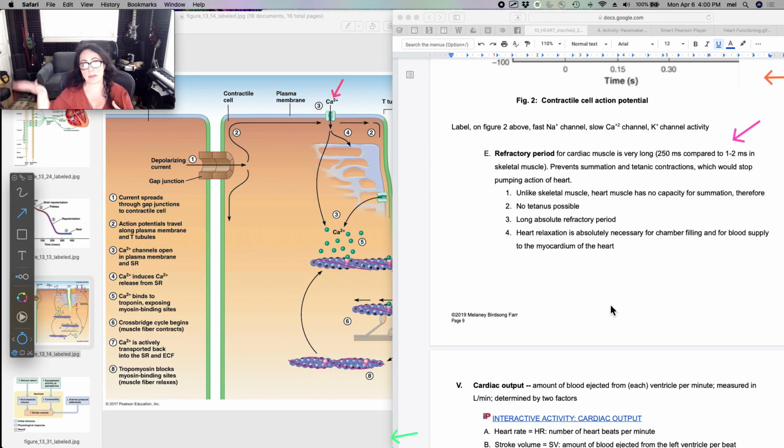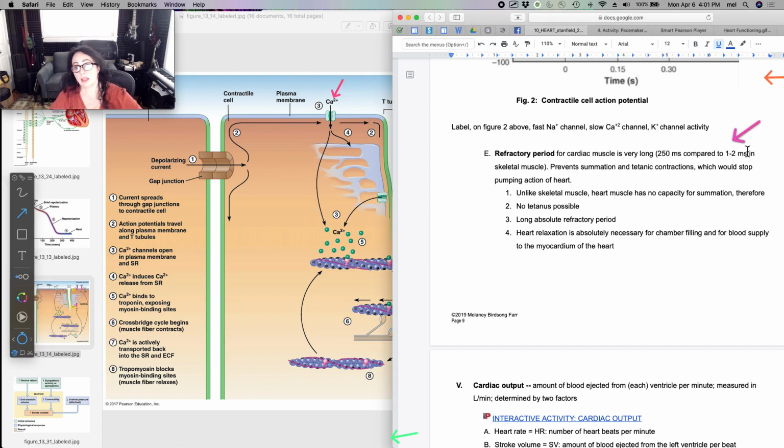This prevents summation and tetanic contractions. If you can't add graded potentials because you're still in the refractory period and your voltage-gated channels have not reset, then you can't get summation and tetany. Summation and tetany would stop the pumping action of the heart.